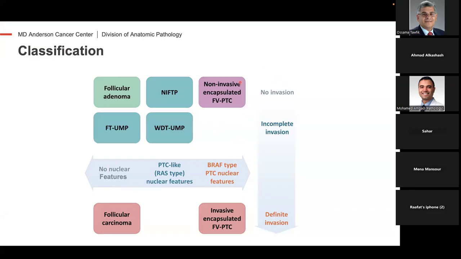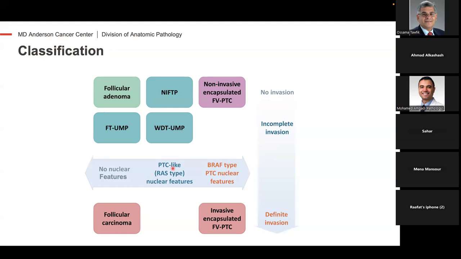Of course, if there's no invasion and no nuclear features of PTC, we go to follicular adenomas. If there is invasion, it's follicular carcinoma. If there are PTC features, your differential would be NIFTP. And here, as you can see, it says PTC-like nuclear features, and this is a new arrangement or classification of PTC nuclear features.